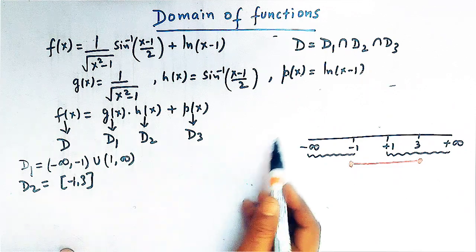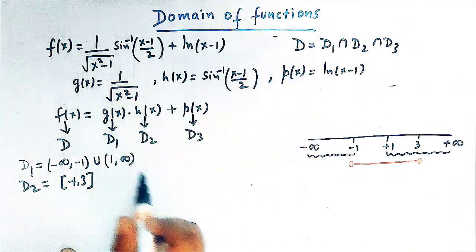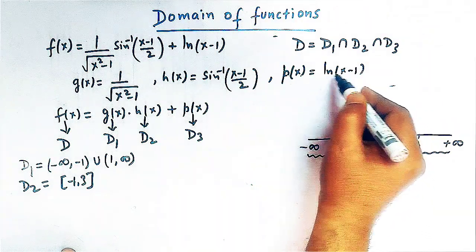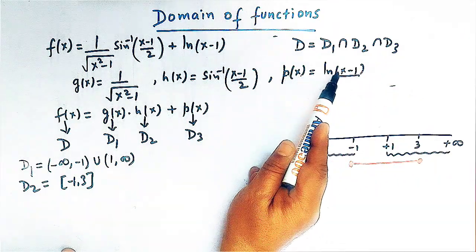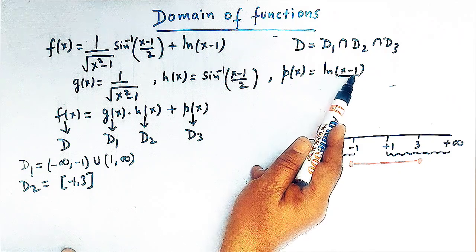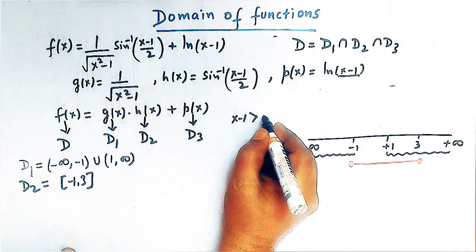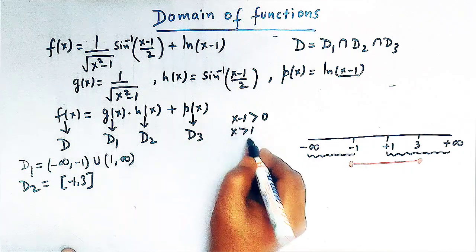Now let us find the domain of the function p of x, that is natural log of (x minus 1). The valid values of x for which the natural log of (x minus 1) is defined are given by x minus 1 greater than 0, right? So x should be greater than 1.